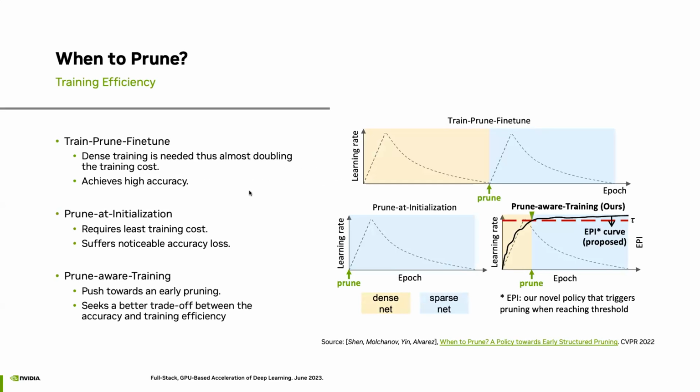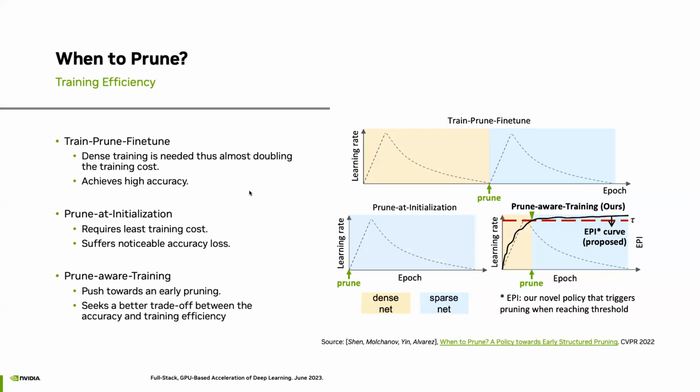So instead of following the standard pipeline where we train, prune, and then fine-tune, some works try to perform the pruning at initialization. This requires the least training cost, but as many other works have also pointed out, this method tends to suffer a noticeable accuracy drop, especially in the channel pruning case.